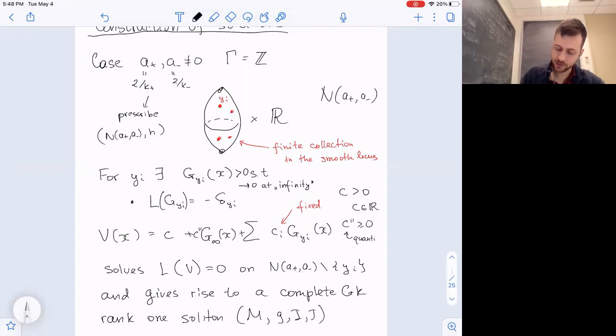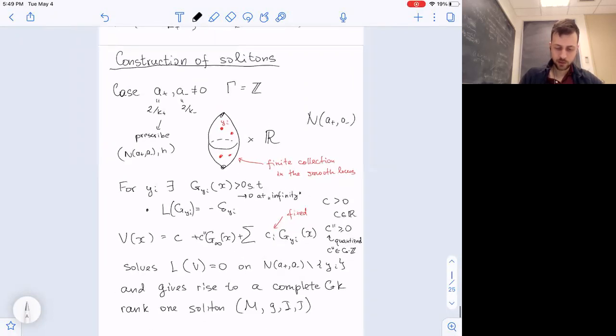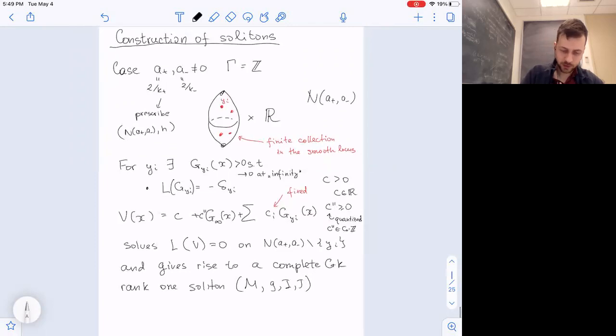There is this funny quantization business, so it really belongs to c0 times integers. So this is the first case.